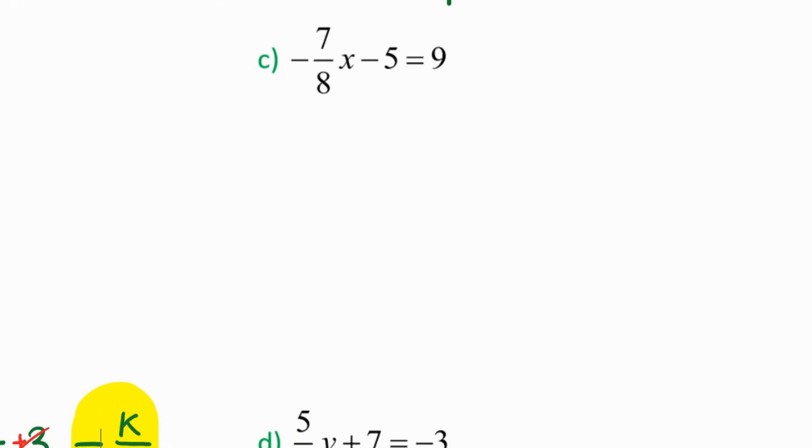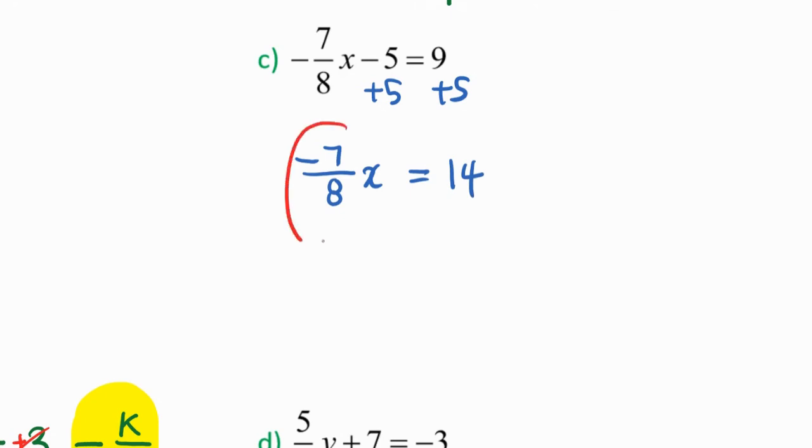All right, now we're going to isolate the term with x by adding 5. Then that is negative 7 over 8x. Then 9 plus 5 equals 14. Okay, again, we have to get rid of this using the reciprocal. 8 over negative 7 times 8 over negative 7.